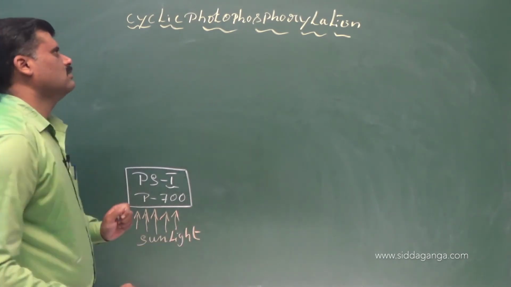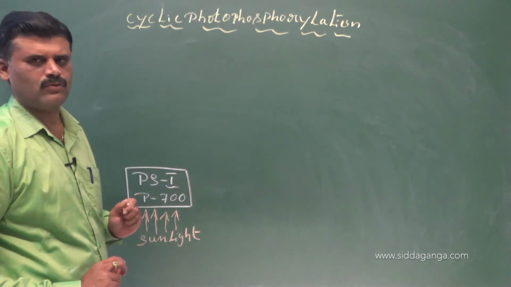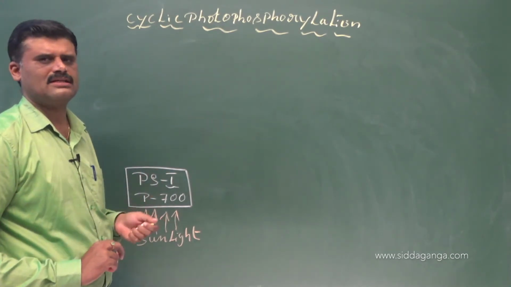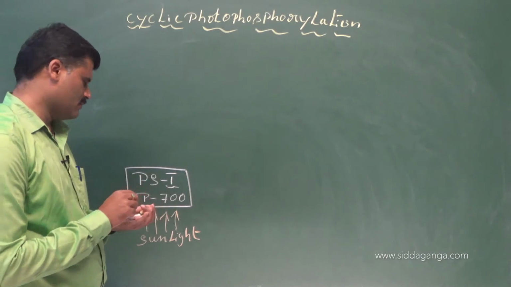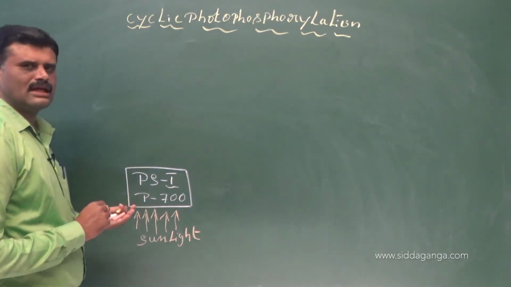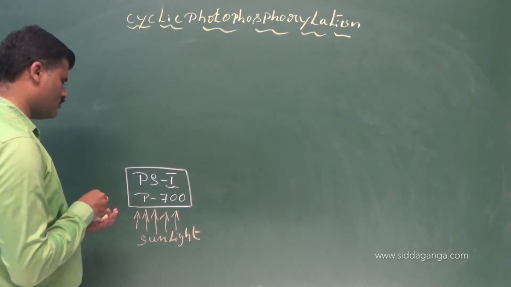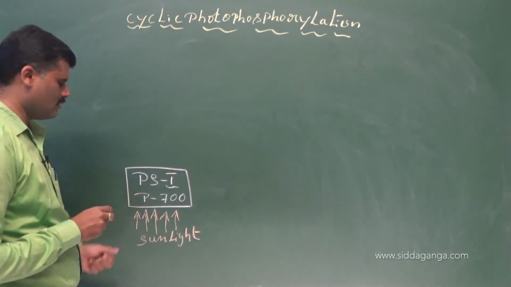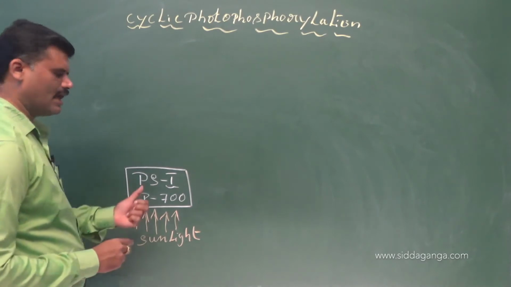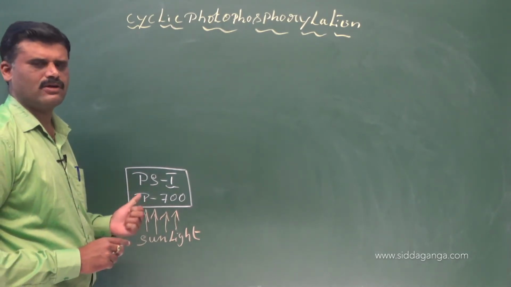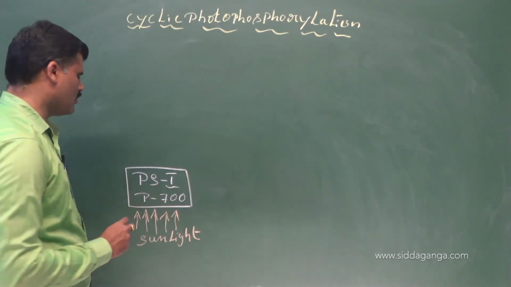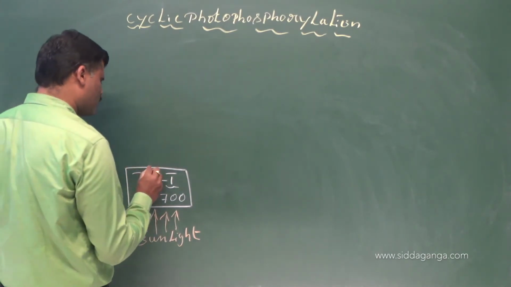Photophosphorylation or light reaction occurs during the daytime, where the sunlight is available for the chlorophyll pigments. After absorption of 700 nanometer light energy by chlorophyll A, what happens?